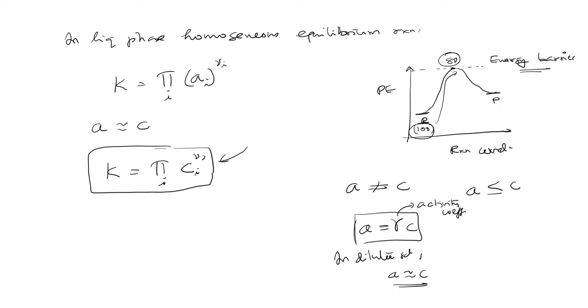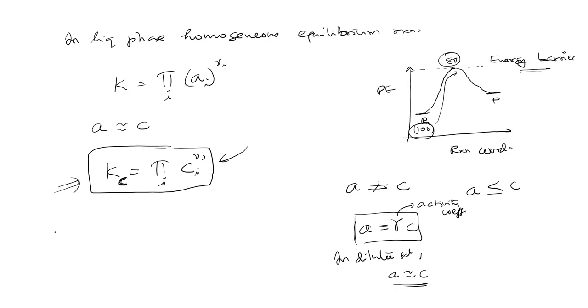If you equate activity and concentration, we can write the equilibrium constant like this. Now the equilibrium constant is given in terms of concentration, therefore I represent it as Kc. Kc is the equilibrium constant in terms of molar concentration, or simply concentration.